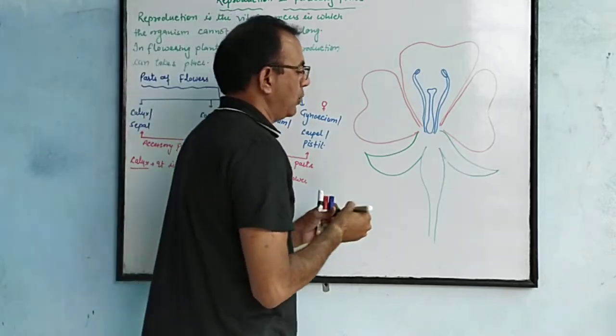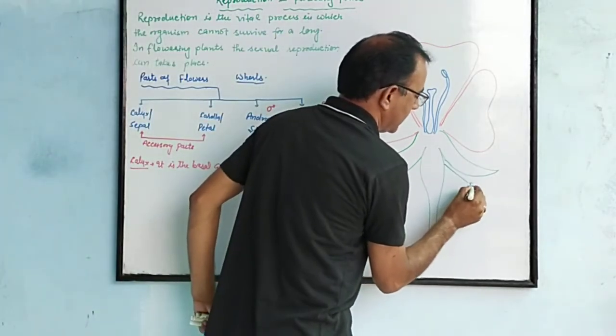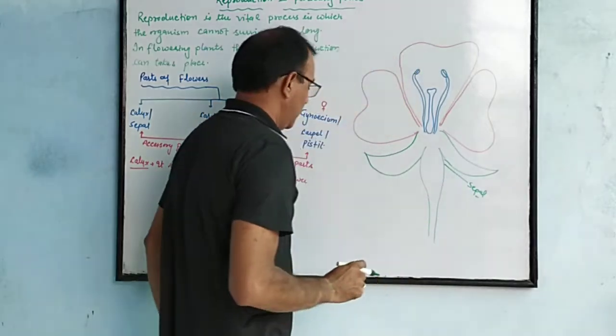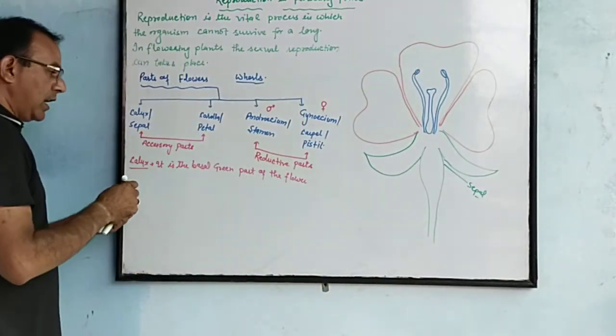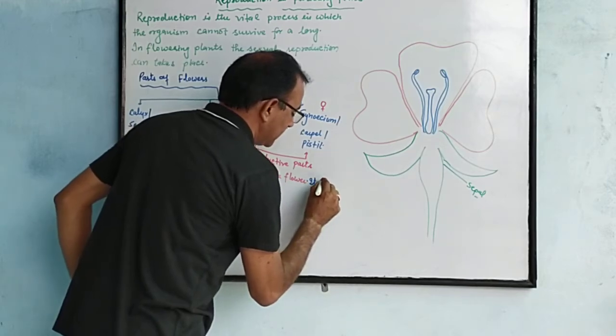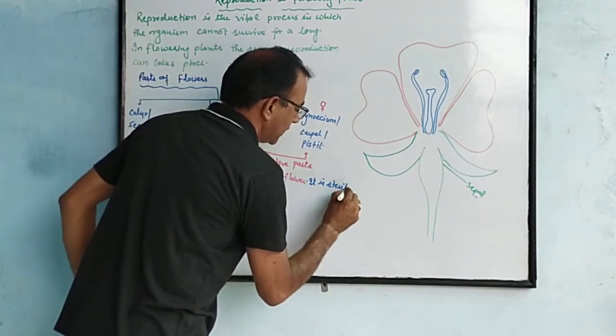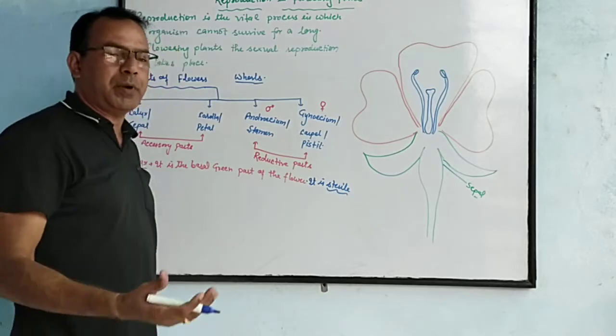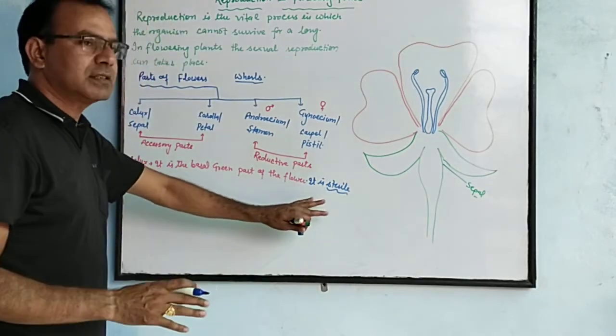The basal green portion is known as sepal. It is a sterile part, because it doesn't participate in reproduction.